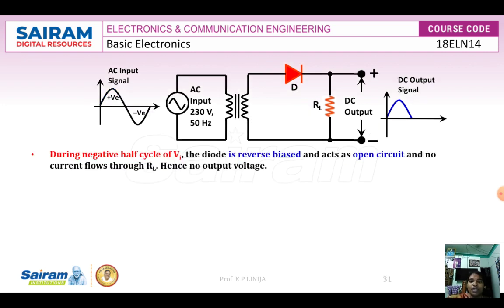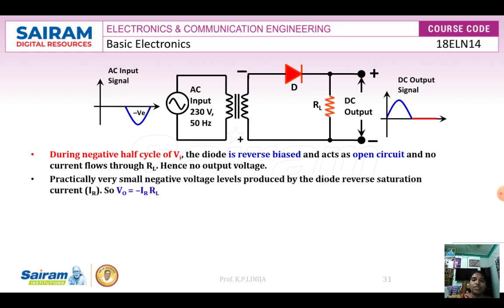Now coming to the negative half cycle. The diode is reverse biased. Why? The negative is given to the positive terminal of the diode. Therefore, the diode acts as an open circuit and there is no current flow through the series resistor RL, and therefore no output voltage.